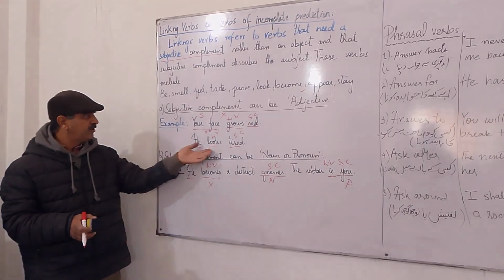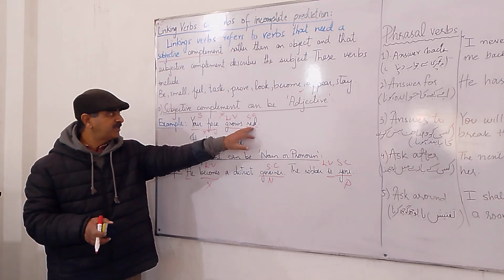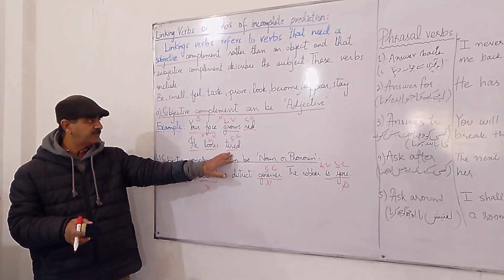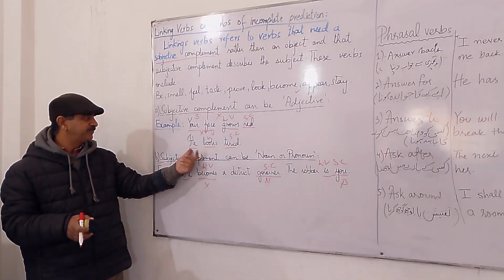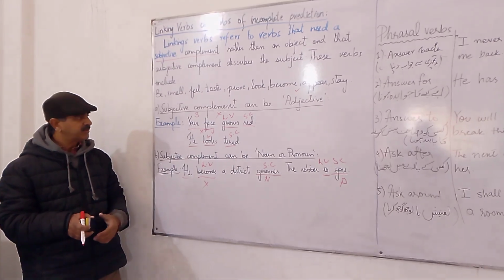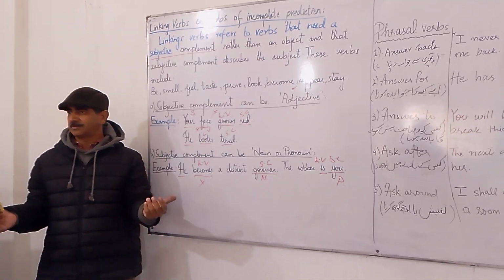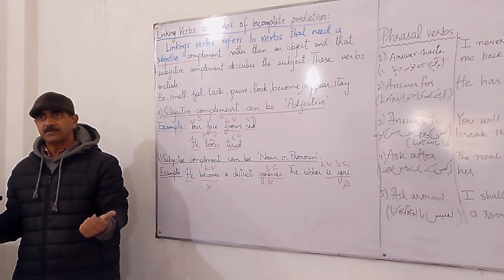Next one, he looks tired. Again, what is tired? It is an adjective. And it is also a subjective complement because it is completing the subject. The subject is he. If I simply say he looks or she looks, clear?